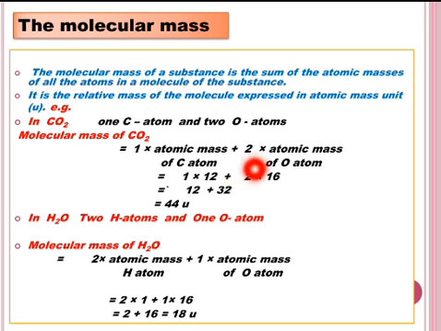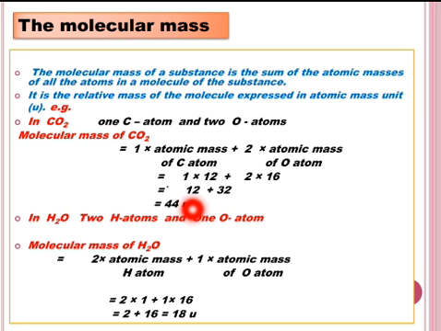Then see the number of oxygen atoms present in this molecule. There are 2 atoms of oxygen. So multiply this number with the atomic mass of oxygen. It is 16. So multiply 2 atoms of oxygen with its atomic mass. 2 multiplied by 16 comes out to be 32.